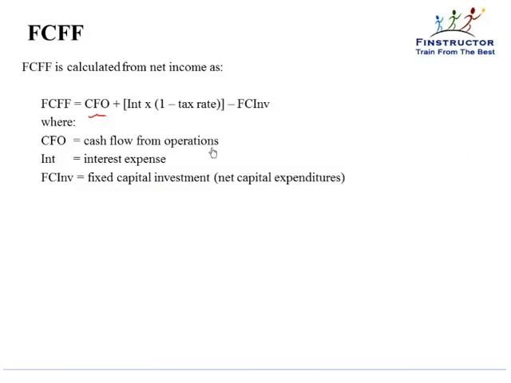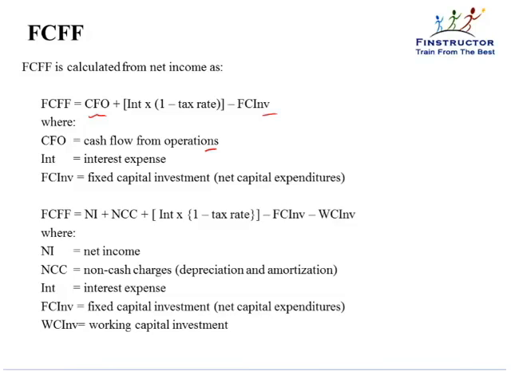It is the cash flow from operations plus interest into 1 minus the tax minus the fixed capital investment, or the cash spent in acquiring assets. I can split the CFO as net income plus non-cash charges minus the working capital investment, and also depict the formula in this format. So both mean exactly the same thing.